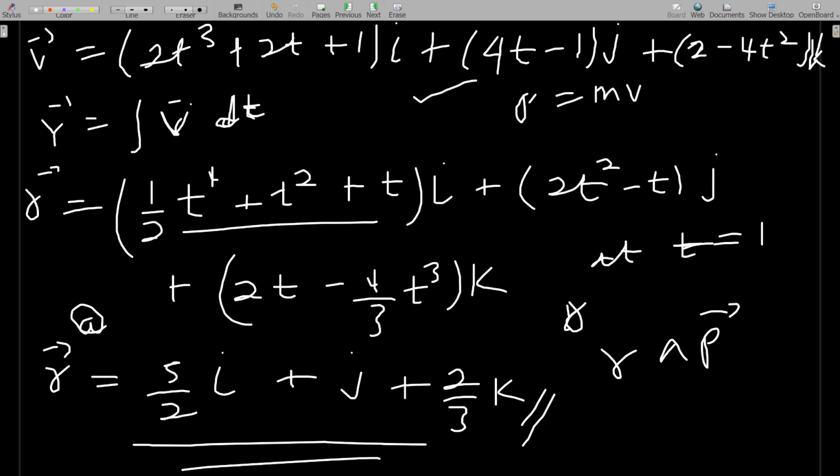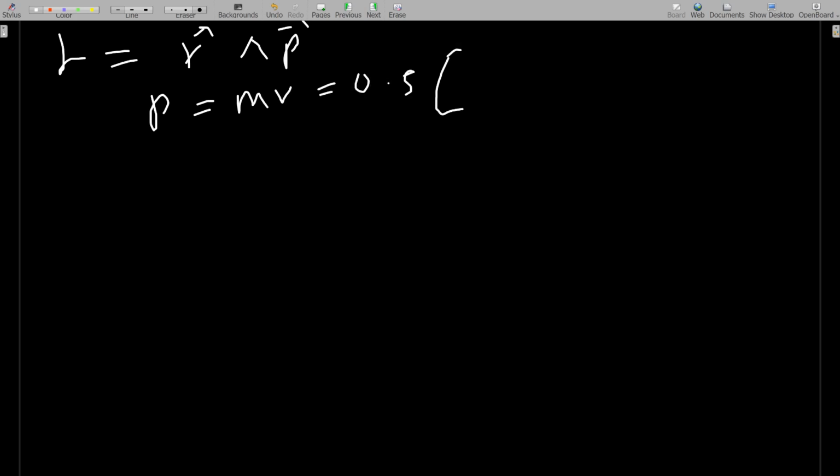Now we are going to the second part, which says that we should find the angular momentum. The angular momentum L is equal to r cross p, all of these evaluated at t equals 1 second. Now p is equal to mv, which is equal to 0.5 times the velocity evaluated at t equals 1 second. When you do that, you get 5i plus 3j minus 2k.